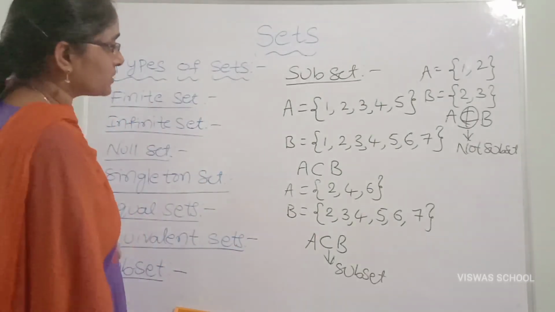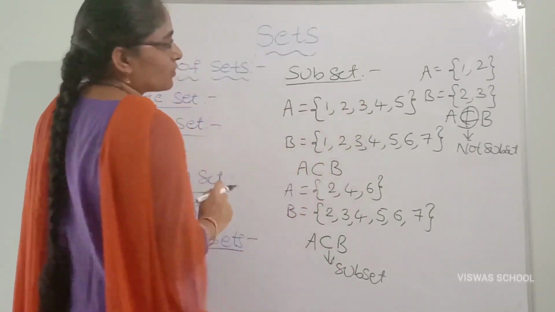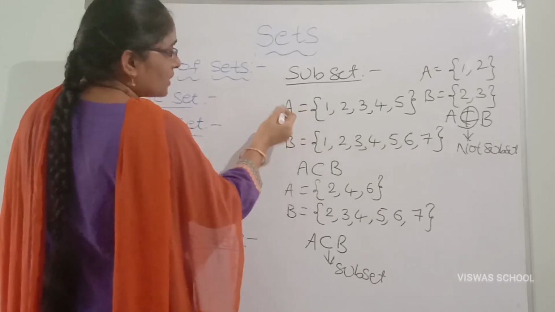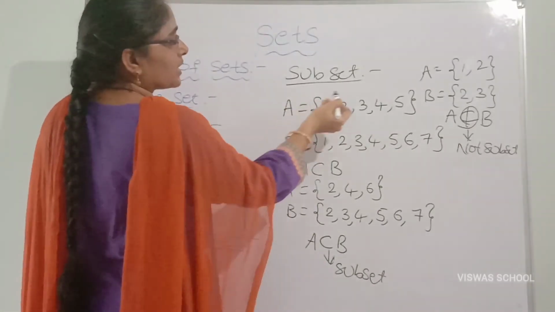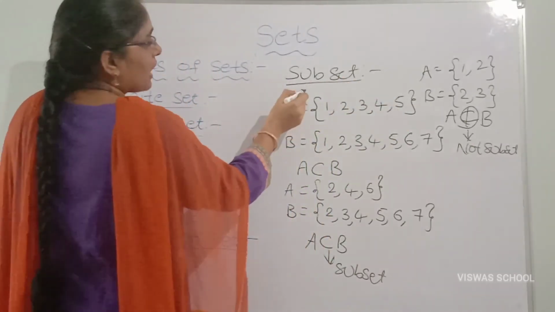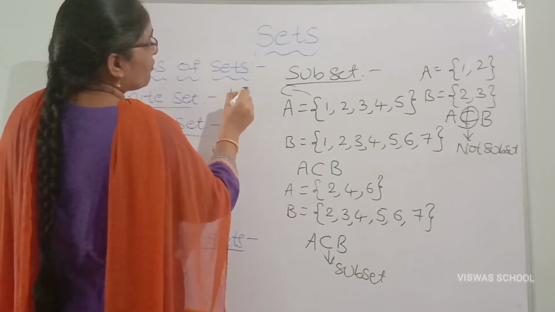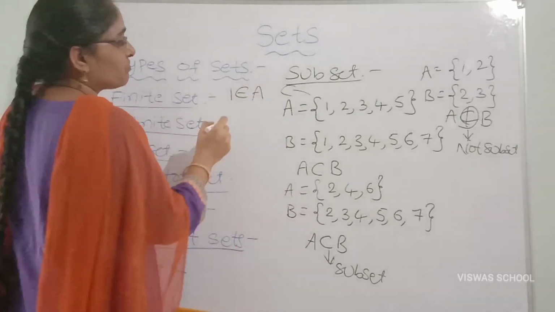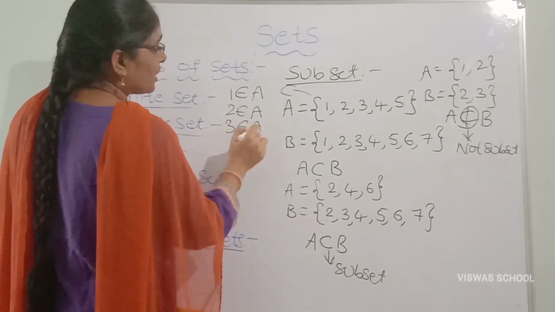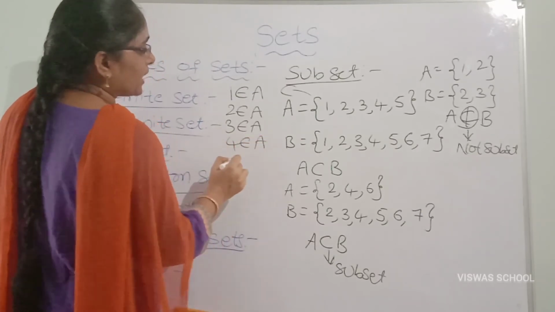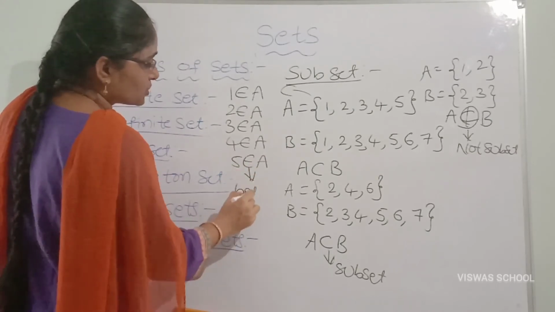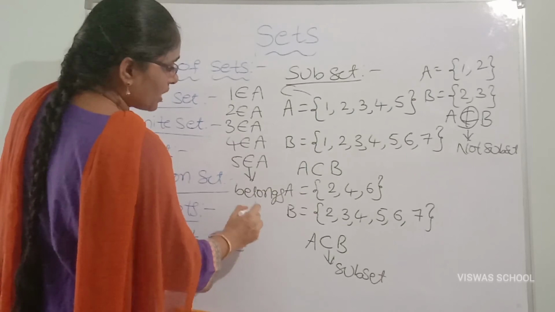In the same way, in set A we are having A equals 1, 2, 3, 4, 5. Here, 1 is in set A. 2 is in set A. 3 is in set A. 4 is in set A, and 5 is also in set A. How do you represent this? 1 belongs to A. And 2 belongs to A. And 3 belongs to A. And 4 belongs to A. And 5 belongs to A. This is called belongs to.